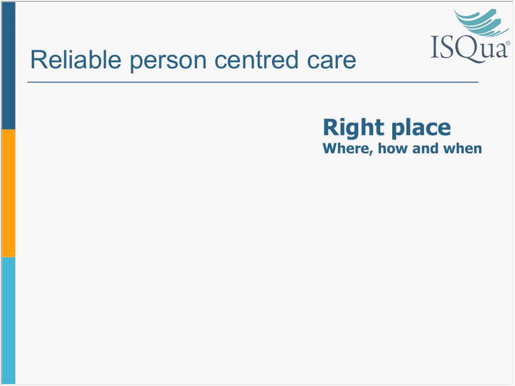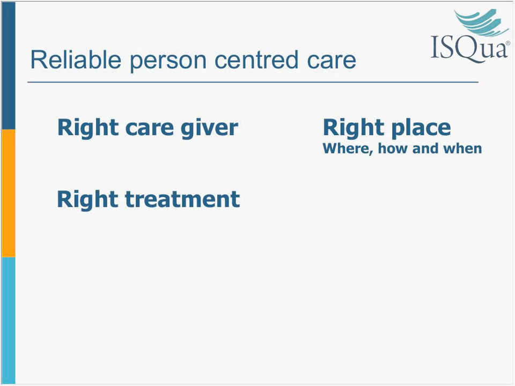So, person-centered care means the right place, when, how, and when the person requires the care. It's the right caregiver appropriate to the needs of the patient or the person. It requires the right treatment to be given all the time, not only sometimes, and not dependent on who's on or who's seen the person. It requires a system that has no delays at all.